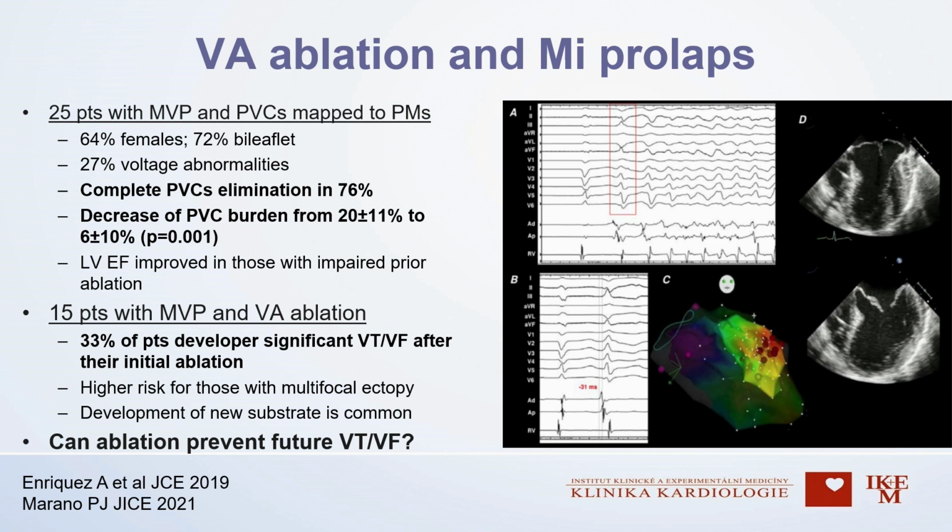There are also data about ablation of sustained ventricular arrhythmia in this population, and they have different origins, some of them being very basal, which points in the direction of mitral annular disjunction as a source of fibrosis, but recurrences seem to be higher than expected.